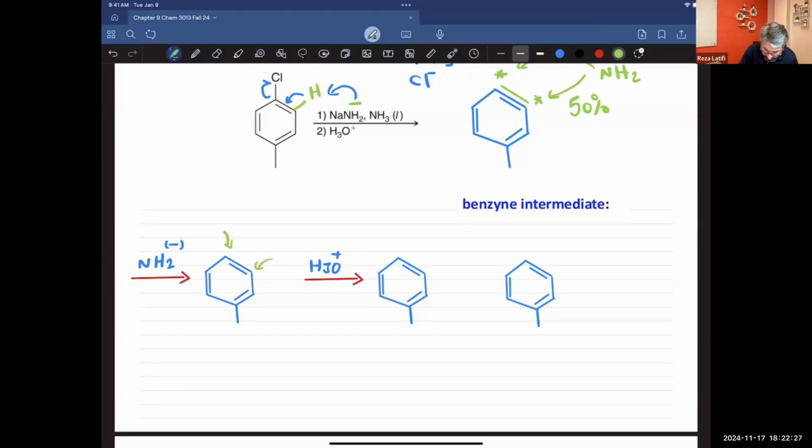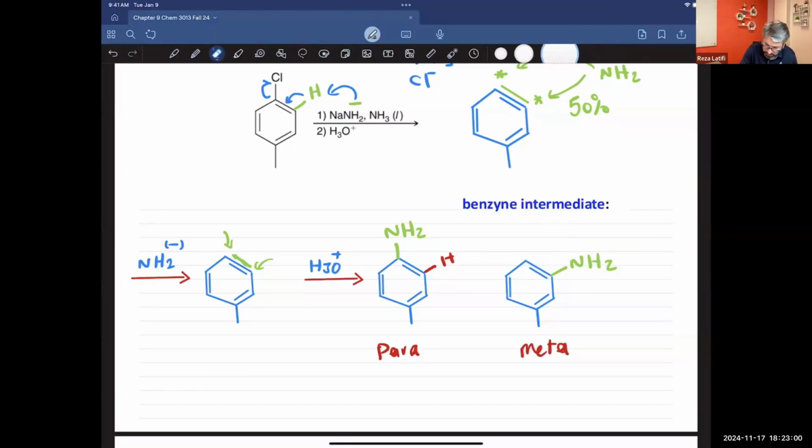And again we have a triple bond here. So let's say we added the NH2, for example, in one case here, another case there, and I'm going to treat it with acidic H. Acidic H will be here and there. And so as you see, we got para product, and this one we got the meta product.